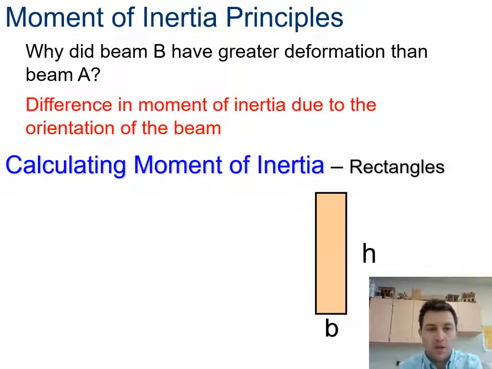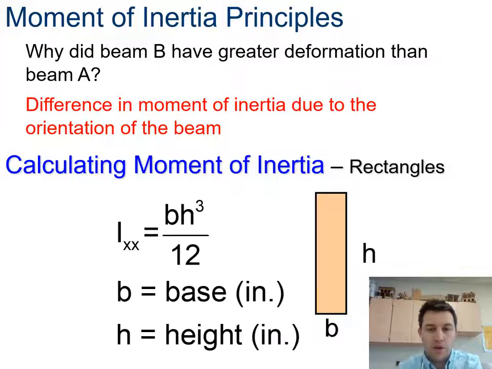When we calculate the moment of inertia for a rectangle, we always use base times height cubed divided by 12, where the base is always the horizontal portion and the height is always the vertical portion. No matter how you lay this out, base will always be along the bottom. The other thing to remember is you're only cubing the height. So you're taking base times the height cubed, and then dividing by 12.